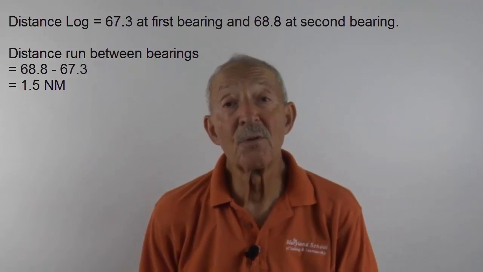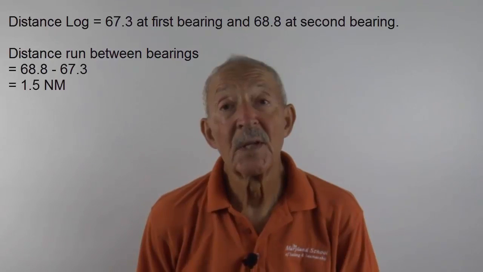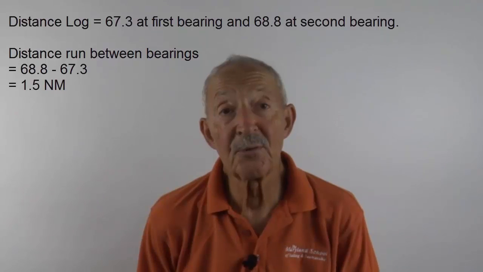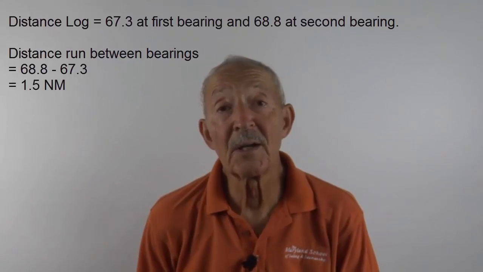The distance traveled over water is the difference between these log readings, or 68.8 minus 67.3 equals 1.5 nautical miles between the two bearings. This is a simple subtraction which eliminates the need to multiply speed times time to calculate distance.